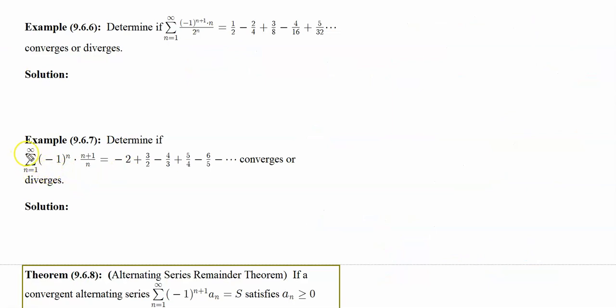Let's consider this one, the summation from 1 to infinity, negative 1 to the n times n plus 1 over n. Now for this problem, let's identify what the a_n's are.